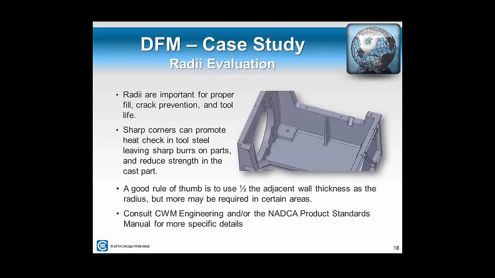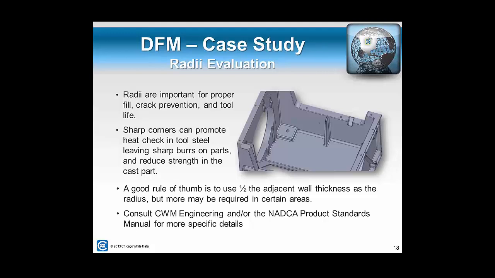Radii are another very, very important aspect that we look at with a new part. Die caster is going to ask for as much radii as we can get. It really aids in how the metal flows through the part during casting. It helps prevent tool wear, and helps prevent cracks that are associated with a very, very sharp corner in the part.